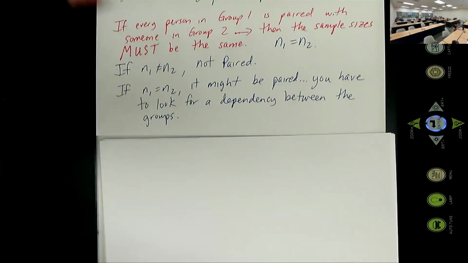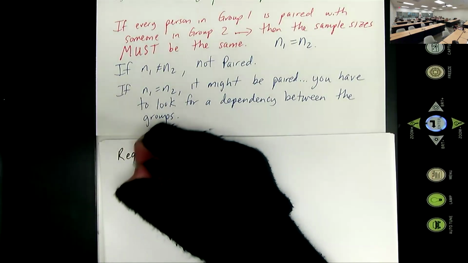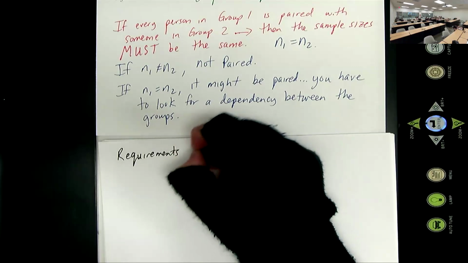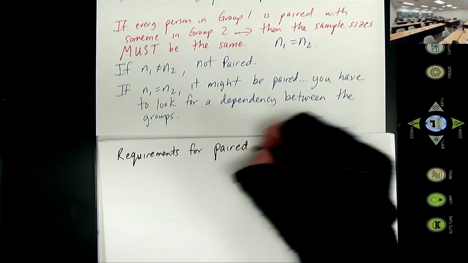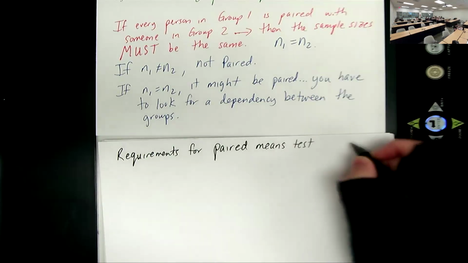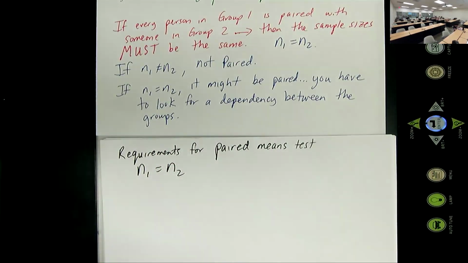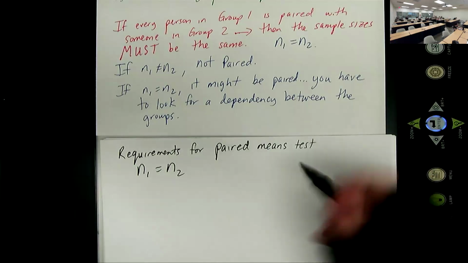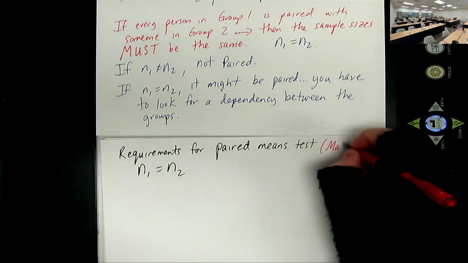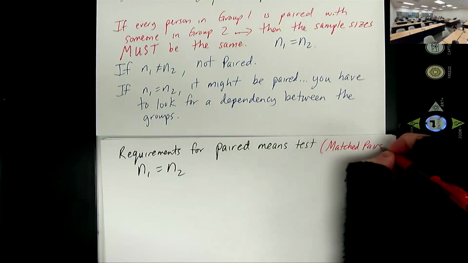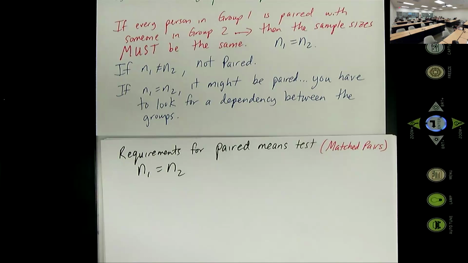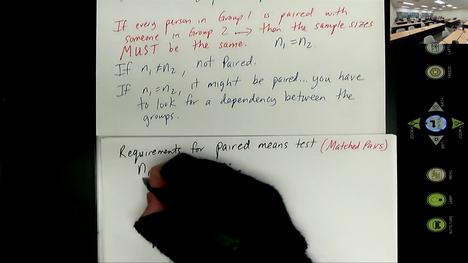Alright, so other requirements here. Requirements for the paired test. Obviously N1 has to equal N2, that's a must. Sometimes it's called matched pairs. We require simple random samples.